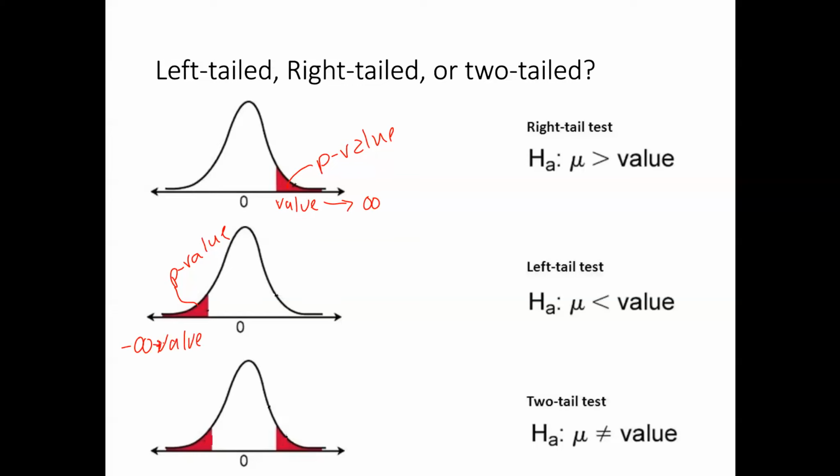And then if our alternative contains not equal to, mu is not equal to a value, then we have a two-tailed test, and each tail contains half of my p-value.